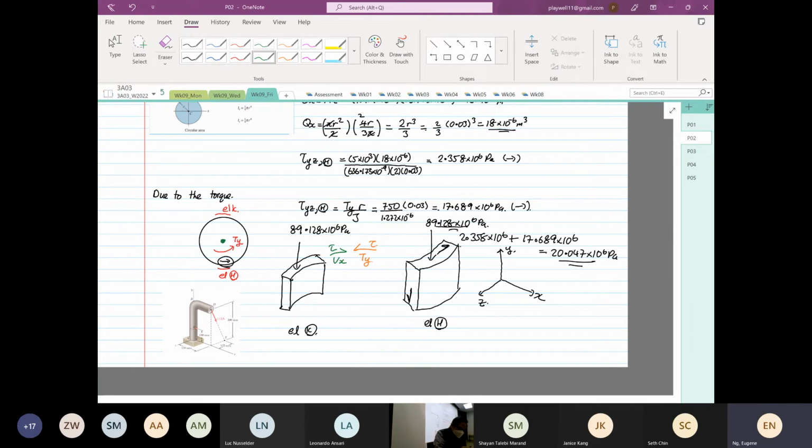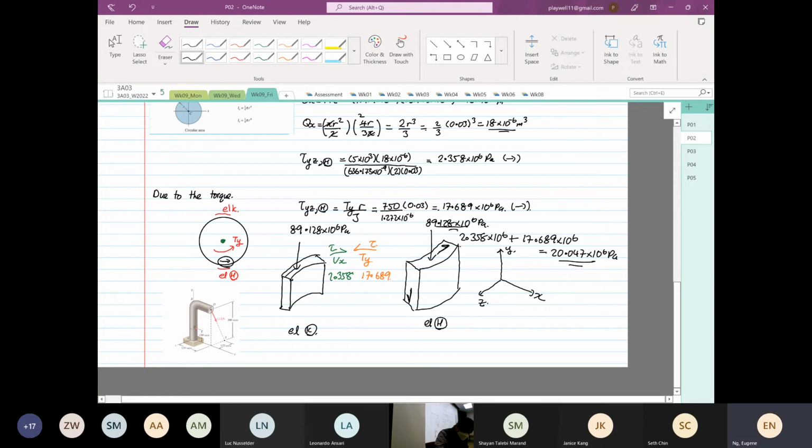So the shear due to Vx is equal to 2.358, and the shear due to the torsion is 17.689. So you know that the shear due to the torsion will be higher, right? So now the shear stress will look like this.